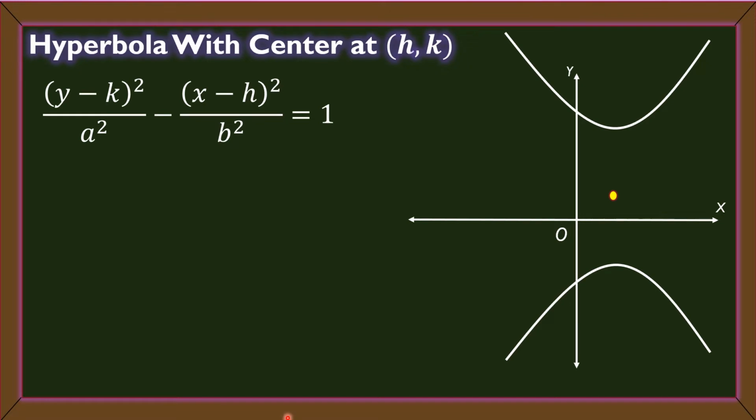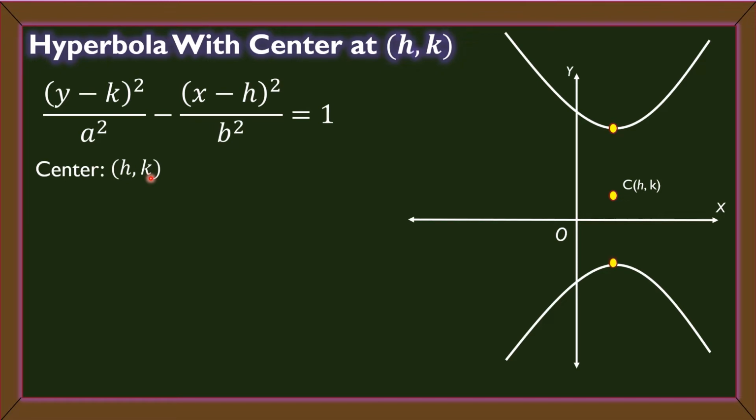This time, let us proceed to the hyperbola with center at (h, k) and whose transverse axis is parallel to the y-axis. The equation is given by (y − k)² over a² minus (x − h)² over b² equals 1. The center has coordinates (h, k).